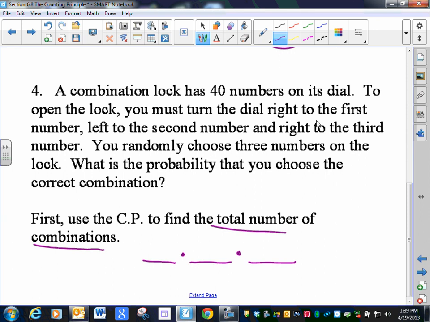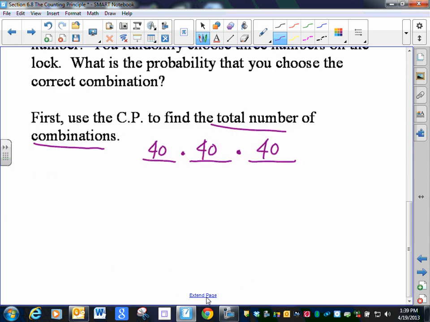How many choices do I have for position number 1? 40. How many choices do I have for number 2? They didn't say we can't use the same number more than once, so we have 40 selections for number 2 and 40 selections for number 3. So we can multiply 40 times 40 times 40 and we get 64,000 combos for your locker.